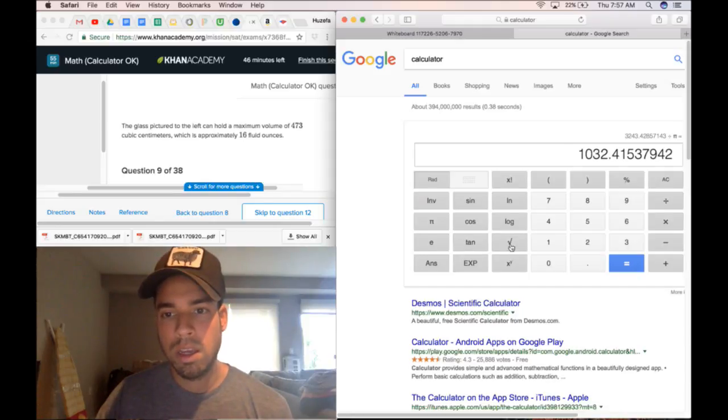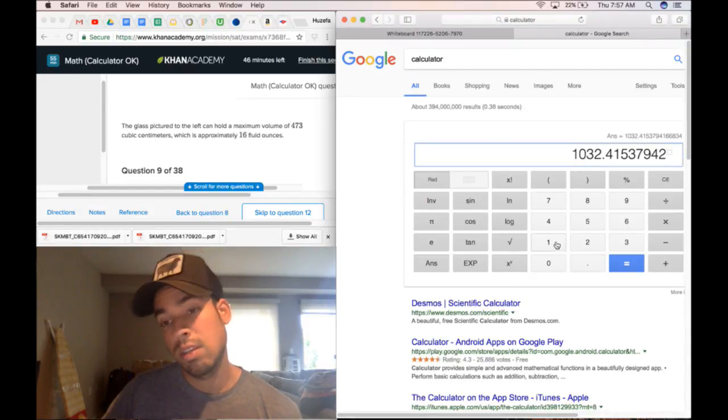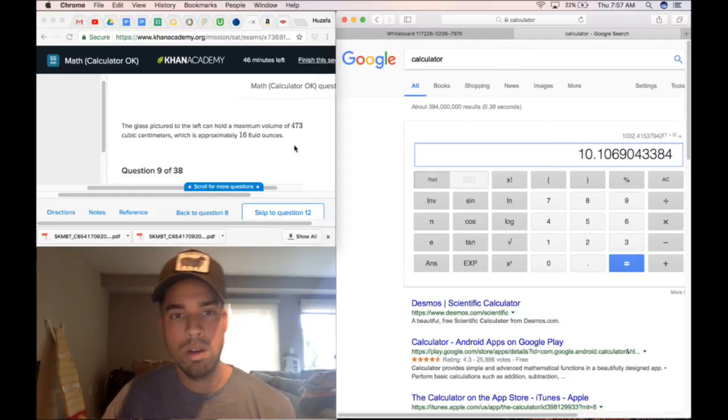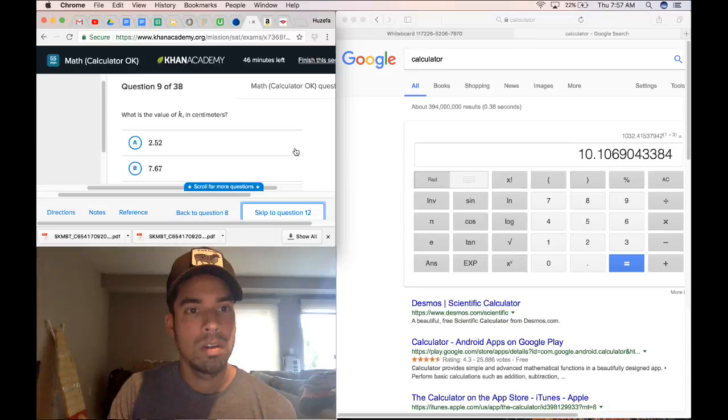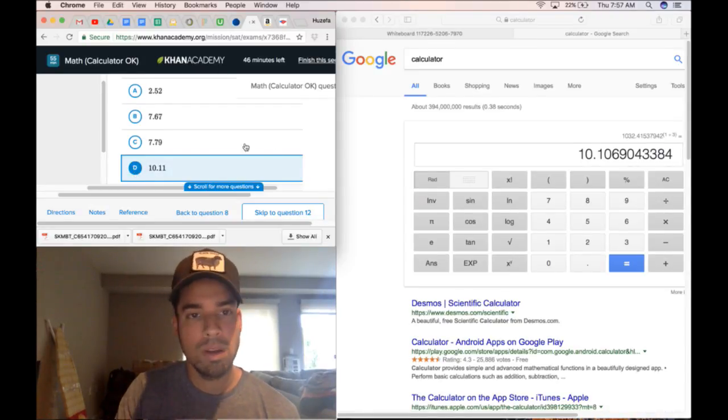Actually, I'll just raise this to the 1/3 power. That is the cube root. 1/3 power is 10.1 roughly. 10.11. Yeah, that's right. If you round it up, it will work.